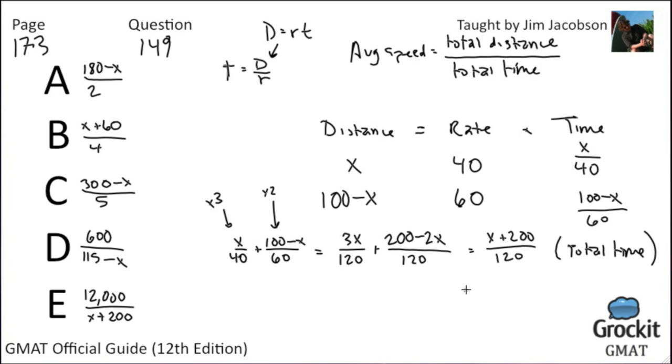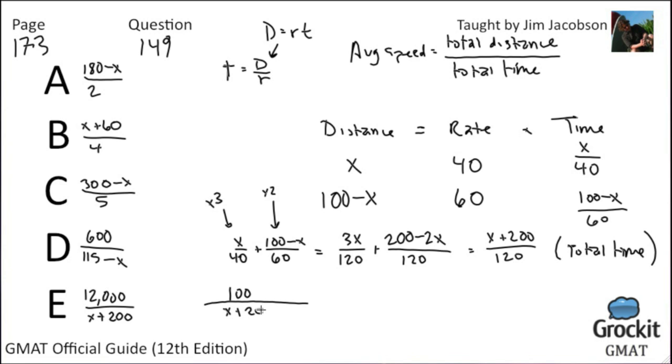The problem was asking for her average speed, which is total distance over total time. We do know her total distance as well, though. So we have the total distance. Remember, we just decided, because we're deciders, we decided that that would be 100. So total distance is 100 over total time, which is itself a fraction.